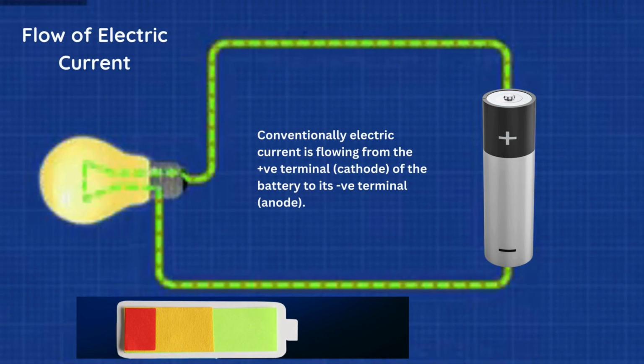Conventionally, we say that electric current is flowing from the positive terminal, cathode, of the battery to its negative terminal, anode. So now did you understand how a potential difference is created by a battery or dry cell, which causes the negatively charged electrons to flow through the conducting wire? So this is how, due to the potential difference created by a battery, electric current flows in a circuit when it is closed.